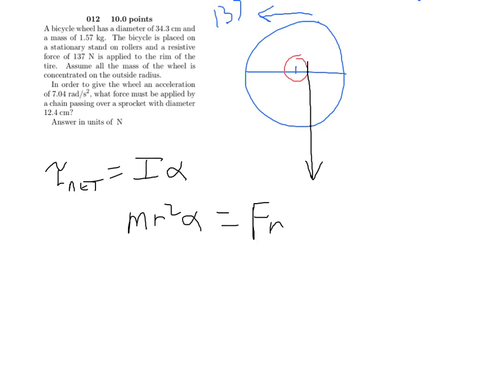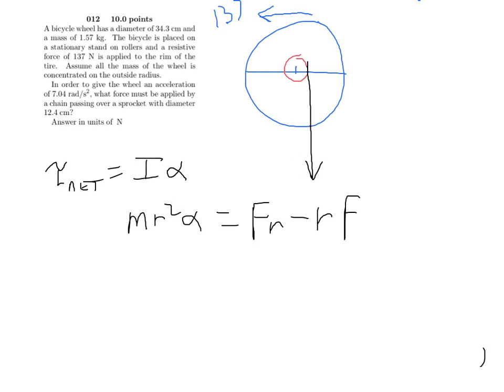So there's RF for the torque, minus the RF of the bicycle wheel. And so that's going to be the full radius of the wheel times the force that is the restraining force. So this restraining force of 137 newtons for me is going to be this force. This radius is the full radius of the bicycle wheel, which is half the diameter. This radius is the radius of the sprocket, and this force is the force you're looking for.